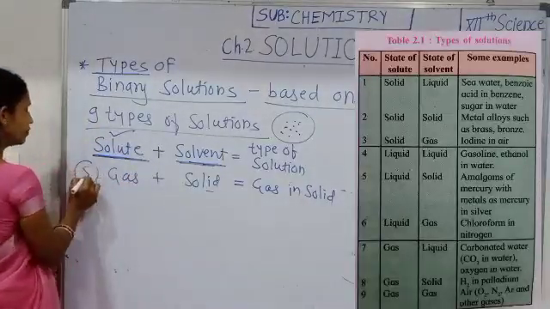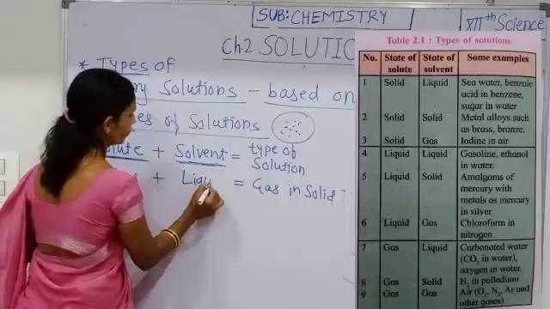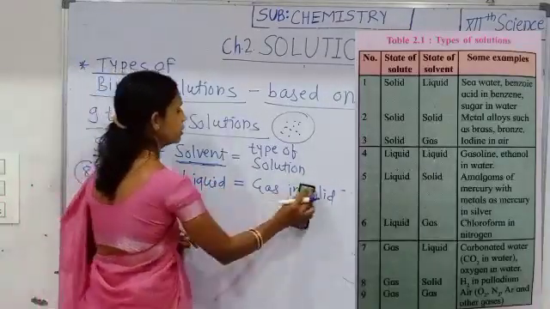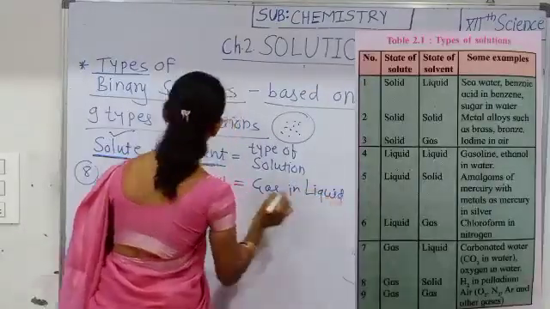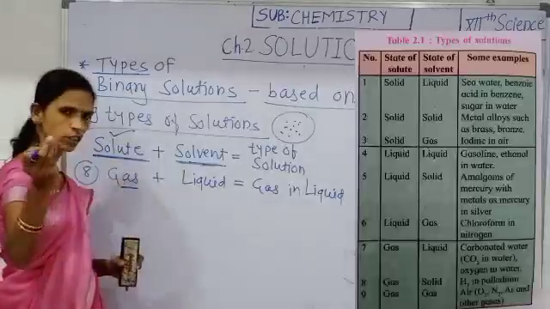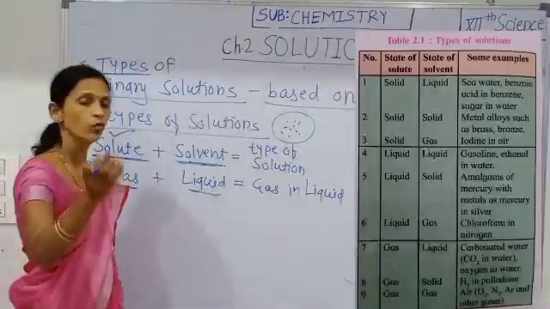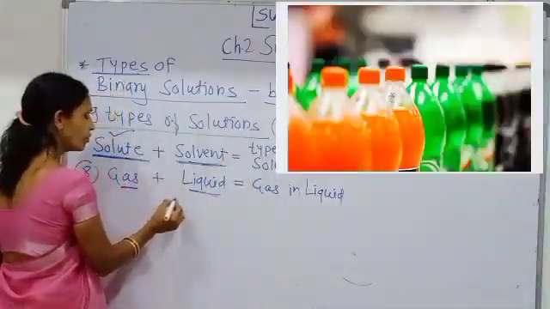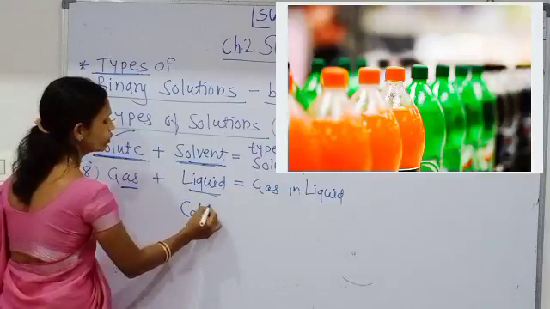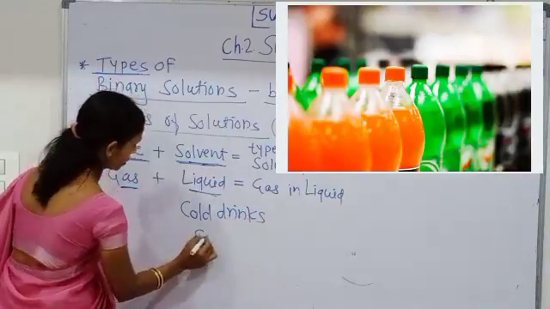Then the next type is gas in liquid type of solution. Here the gas is present in smaller amount, whereas the liquid is present in excess amount. One famous example of gas in liquid is most cold drinks or soda water.